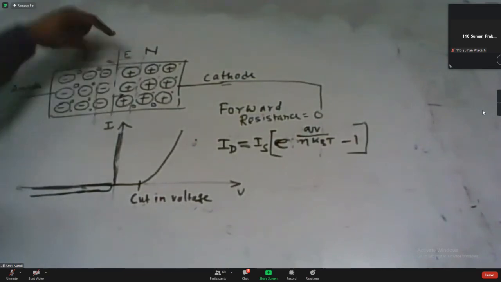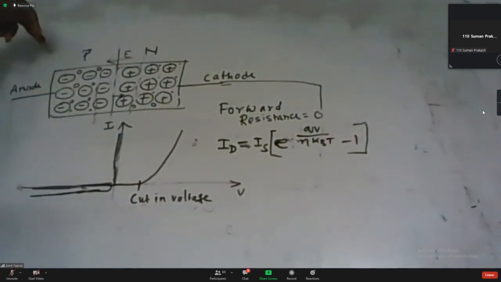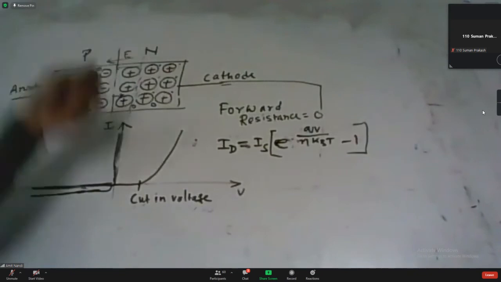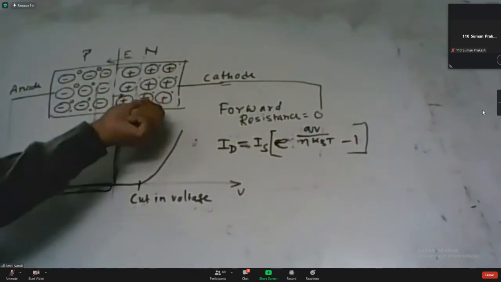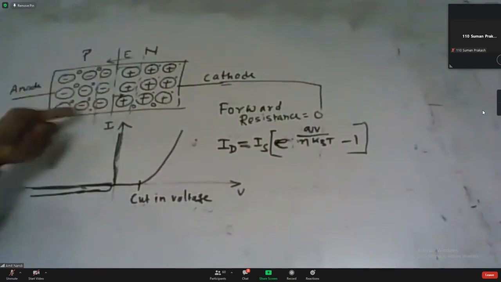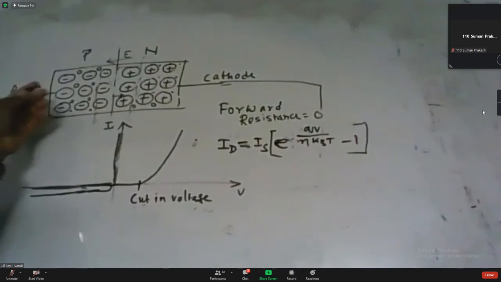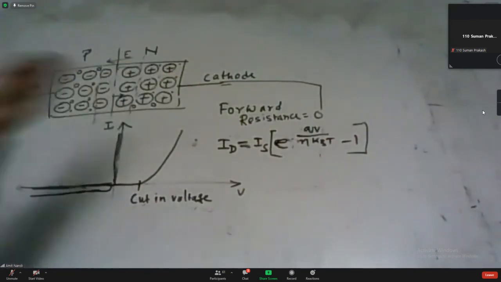The barrier field is directed from the N-type side to the P-type side, and due to this field, the hole, a minority carrier in the N-type side, and the electron, a minority carrier in the P-type side, can easily move from one side to the other.